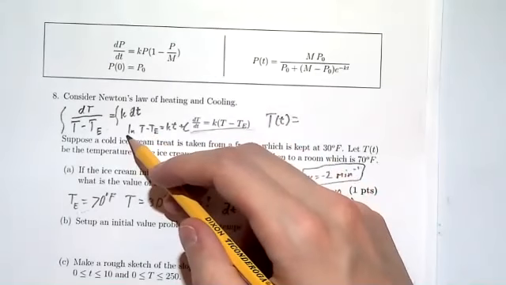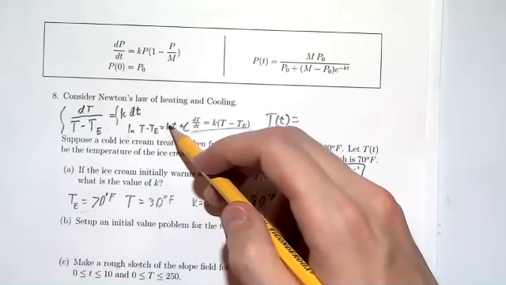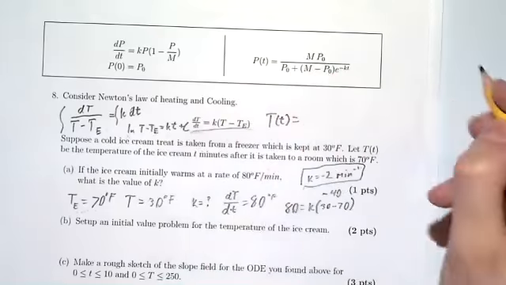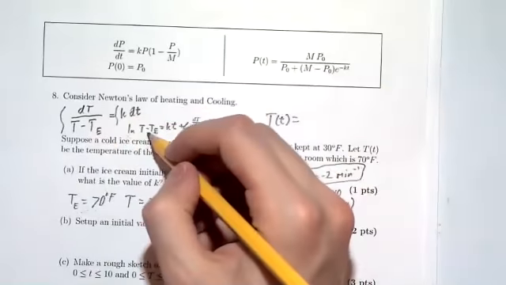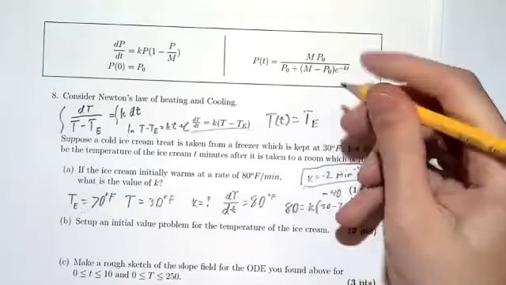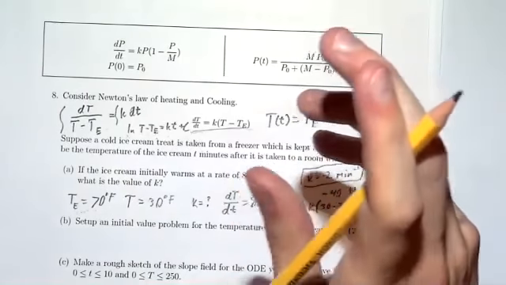So this will cancel and we'll have T minus T_E. This will become e to the Kt plus C, which becomes C e to the Kt. And then we can move this T_E over.